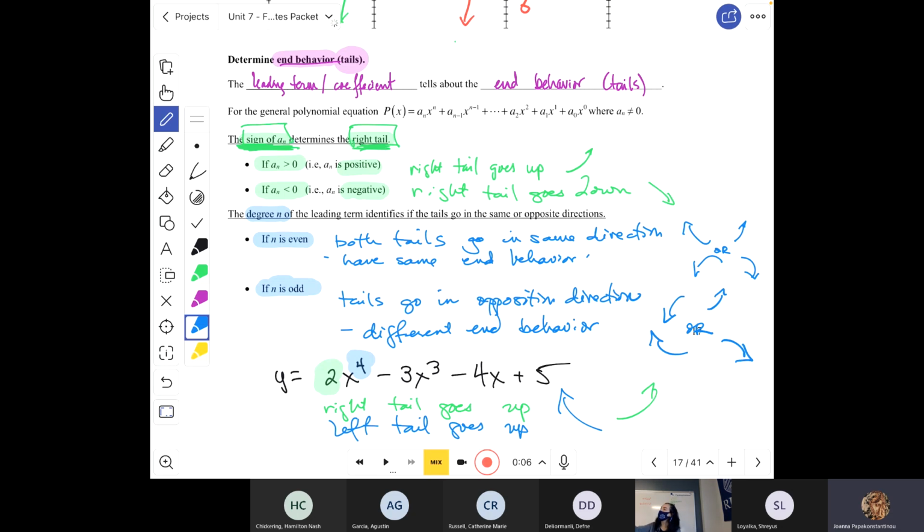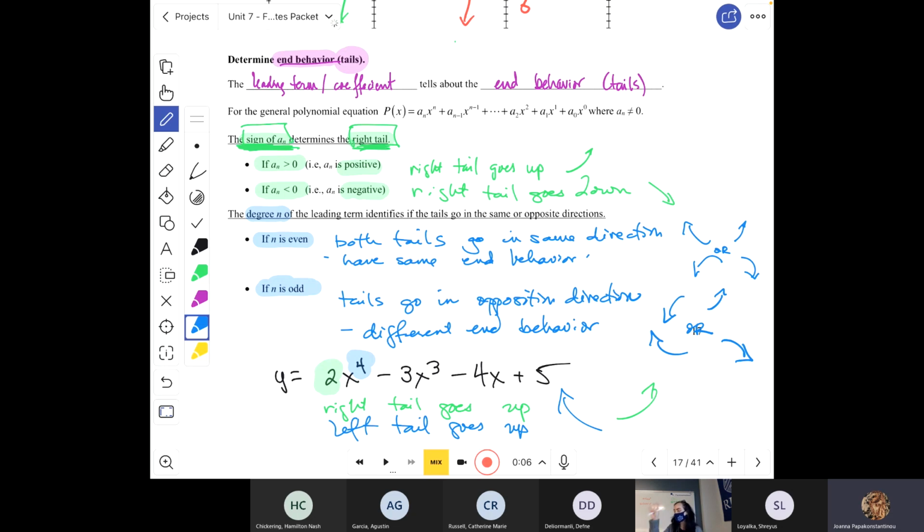Even and odd functions have to do with symmetry, right? Is it symmetric about the y-axis or symmetric about the origin? That's not directly correlated to the degree of the polynomial unless we're looking at parent polynomial functions. That's what even and odd told you.